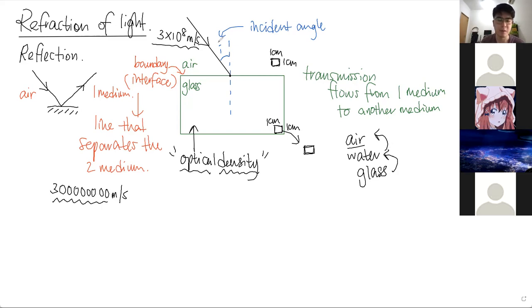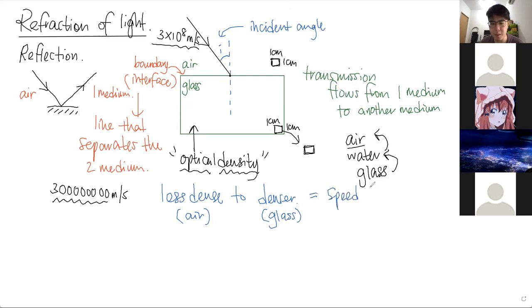Now, this is very, very important. Please remember this. When light travels from a less dense to a denser medium, just like from air to glass, what happens to the speed? The speed will be reduced.